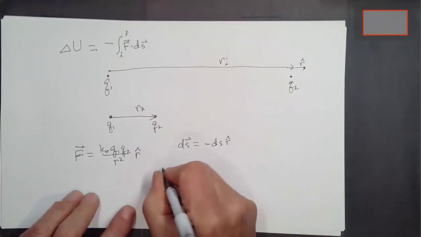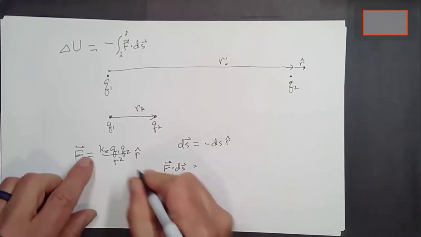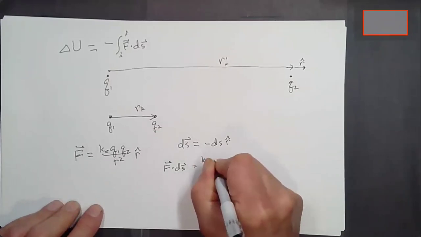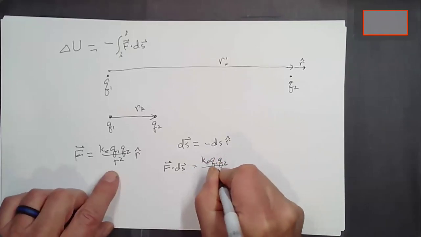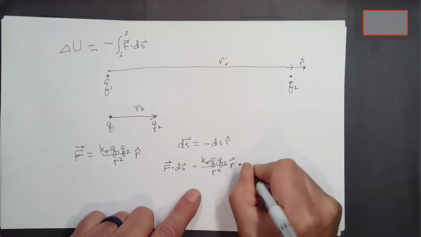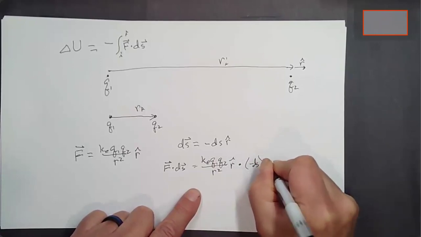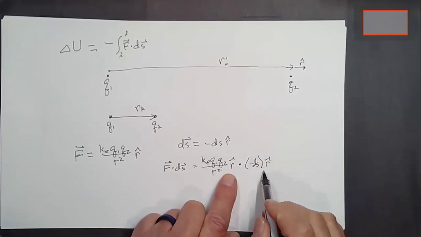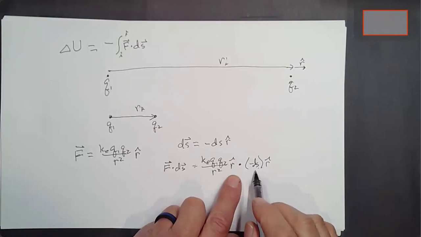And so when I do the dot product, f dot ds, I'll have this stuff that's going to stay constant, not all the time, but K sub E, Q1, Q2 over R squared, and then that's along R hat, and I'll be dotting that with minus ds in the R hat direction. R hat dot R hat is 1. A unit vector dotted with itself is always 1. I could think of this ds as also equaling dr.